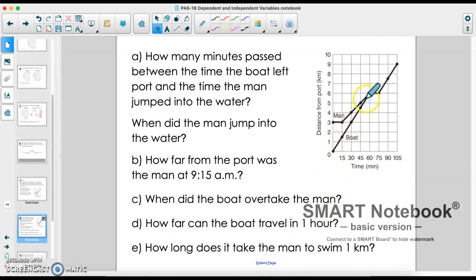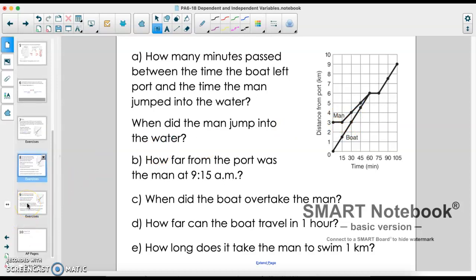Well, it traveled 6 kilometers. If we follow this steady line, it travels 6 kilometers an hour. And then it said, how long does it take for the man to swim 1 kilometer? To get from, say, 3 to 4, it goes over 1 and up 1, which represents a change of 15 minutes.